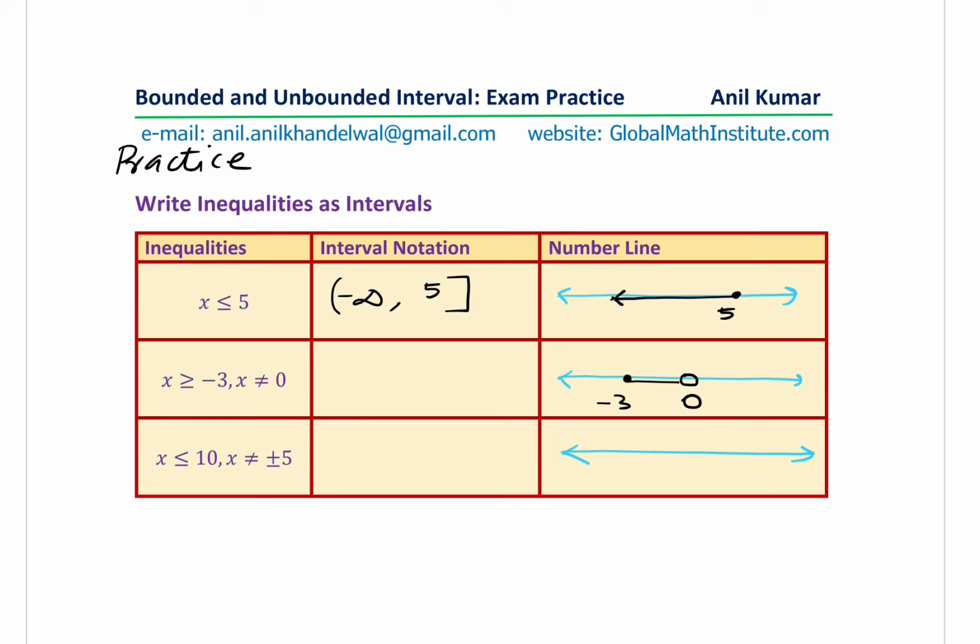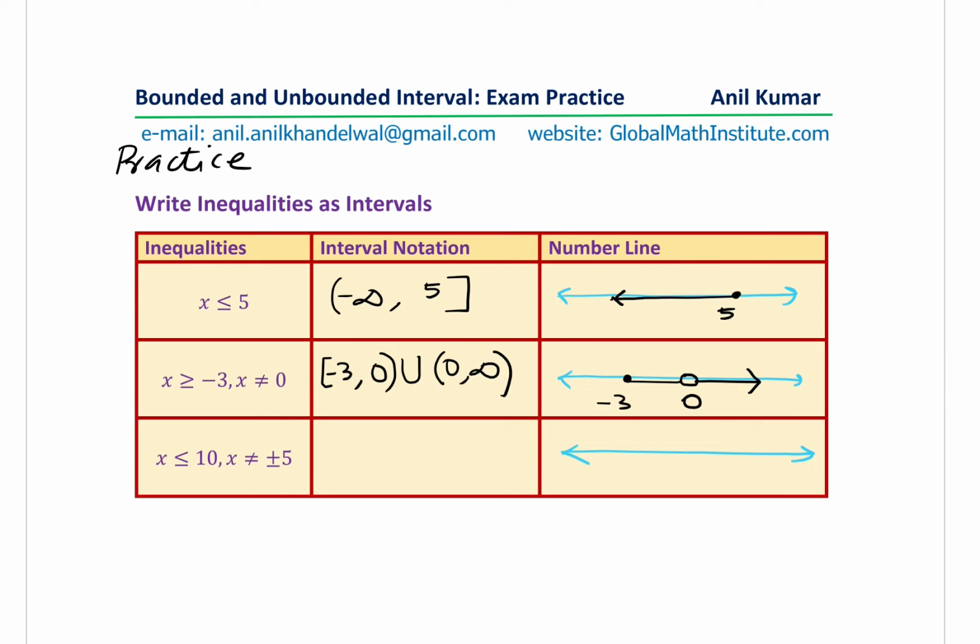So it is from here up to 0, and then like this, where there is a circle which is not filled in at 0. Perfect. That is how we are going to write it. In the interval notation, we could show this by including minus 3 and excluding 0, right? And then union, excluding 0 till positive infinity with a round bracket. Perfect.